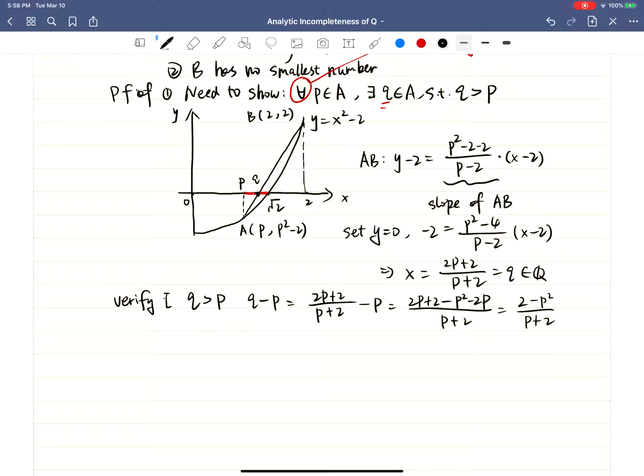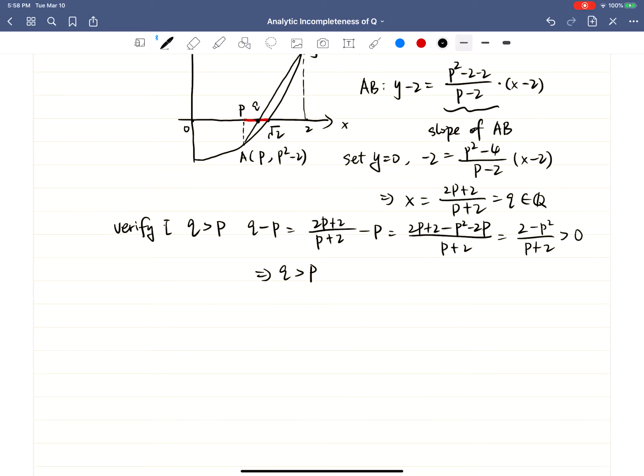And since p squared is less than 2, 2 minus p squared is positive. A positive over positive is positive. So this thing is positive, and so Q is larger than P. Okay, so that's the first part.